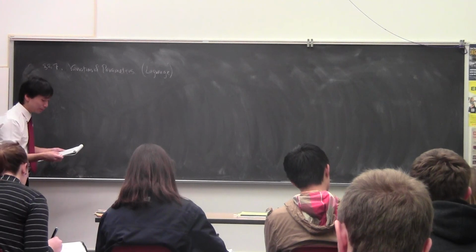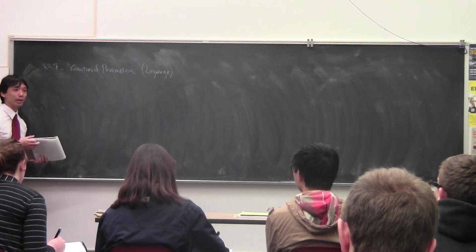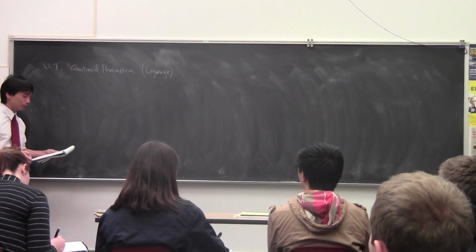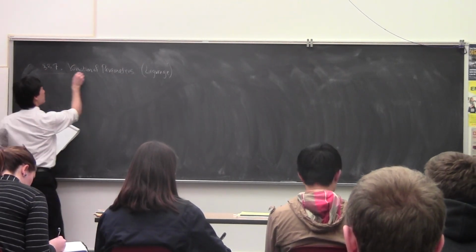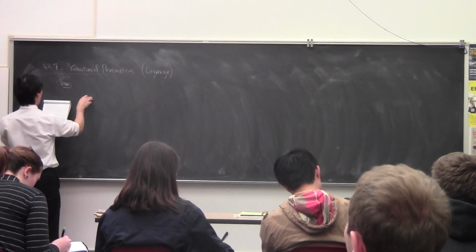So let me state it first. Normally I'd like to just puzzle our way through it and then state the result at the end, but I'm going to state it first. It seems like people like to see where we're going.